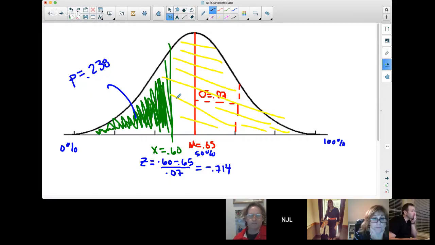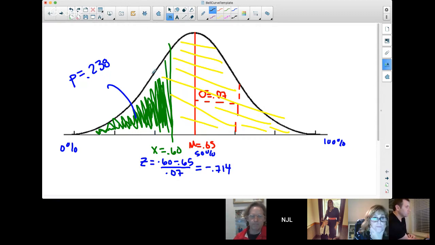Sorry, say that again. The complement rule. So you know that this whole area under the bell curve is 1.